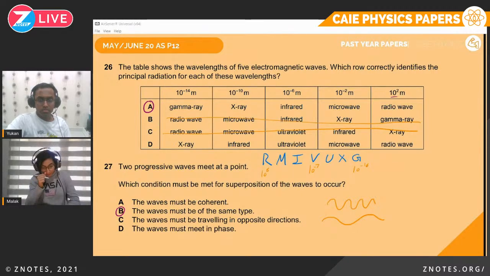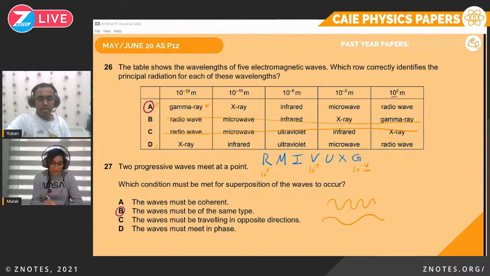Now we only have 2 options, A or D. Now we can check the gamma rays. -16, -14. These are very close. So this one has to be gamma rays. So it has to be A. So I try and do them this way. I only get 3: the middle, the biggest one and the smallest one, and try to have everything related to that. That way you don't have to memorize every single range.